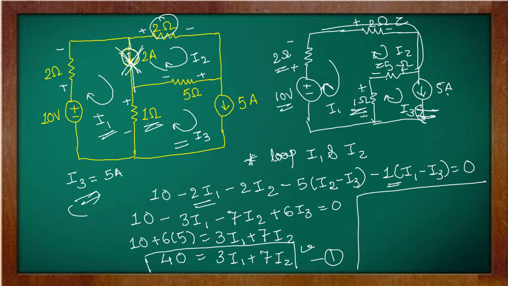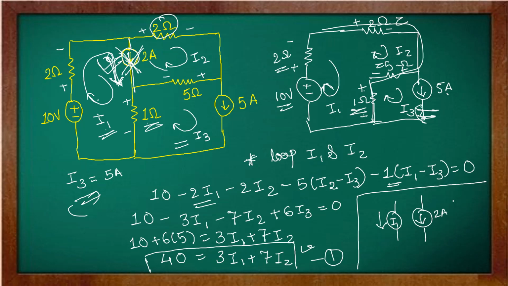Already we have considered this loop. So how can we get another loop equation? That is from here. See, this branch current is 2 ampere, in a down direction. According to our assumption, I1 is flowing in a down direction like this.